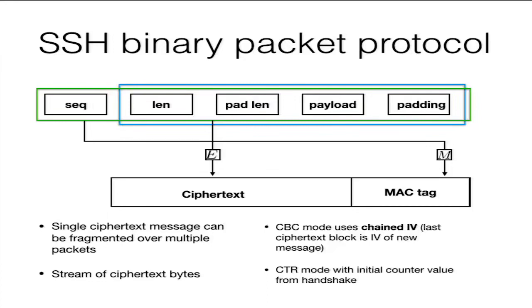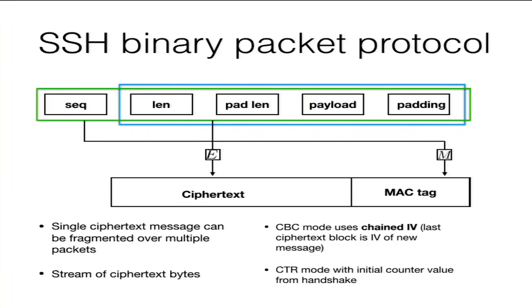So this is how the format looks. We have a sequence number, a number of the message that is exchanged from client to server. We have a length field, as in the length of the plaintext data. We have a padding length.